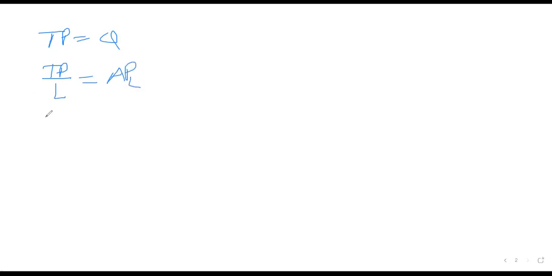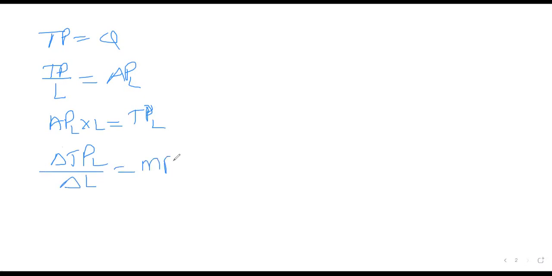When we multiply the average product of labor times the labor units, we get the total product of labor. When we find the change in total product of labor over the change in labor units, what we get is called the marginal product of labor. These are incremental.